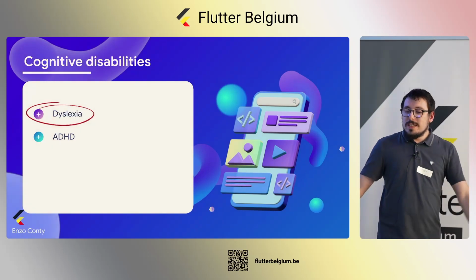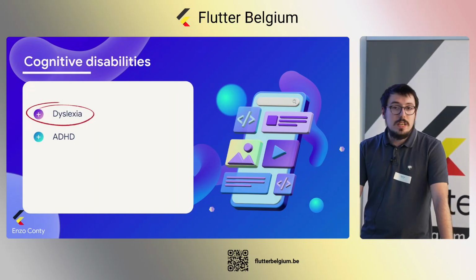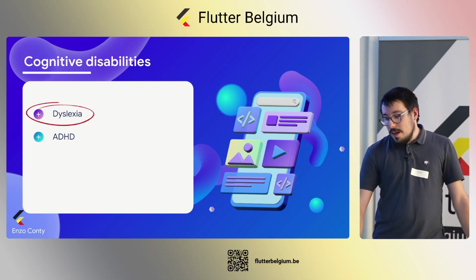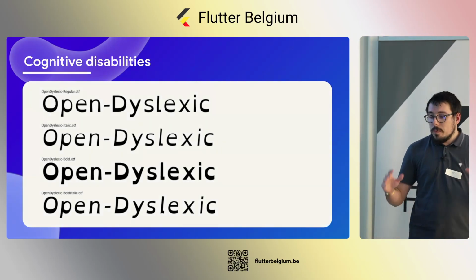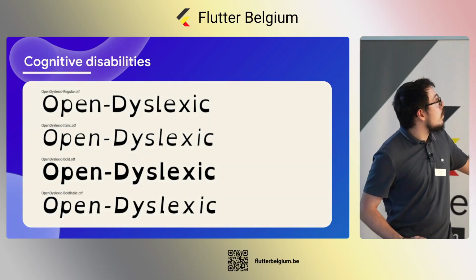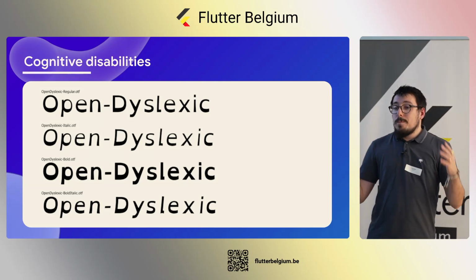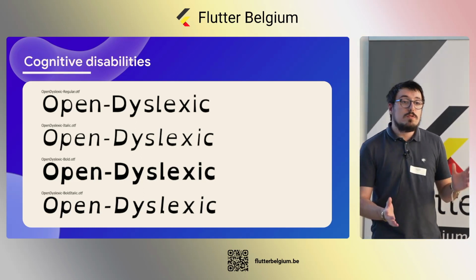Now about cognitive disabilities, we have dyslexia. Dyslexia is quite hard actually to find any solution for, but we try. And when we try, we basically have two fonts, Arabic dyslexia and Open Dyslexic. Here you have Open Dyslexic, which is a font that helps, or not. It depends. It's quite controversial.